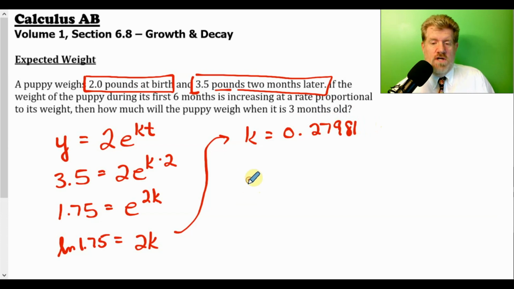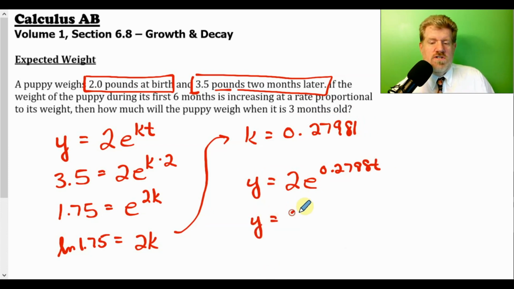So our equation for this particular puppy would be this. Now, if I want to know how much that puppy weighs after 3 months, I just plug in 3 for t. All right, and whoops, we're plugging in 3.